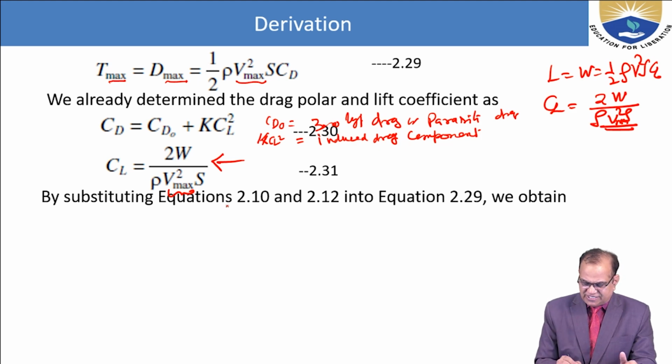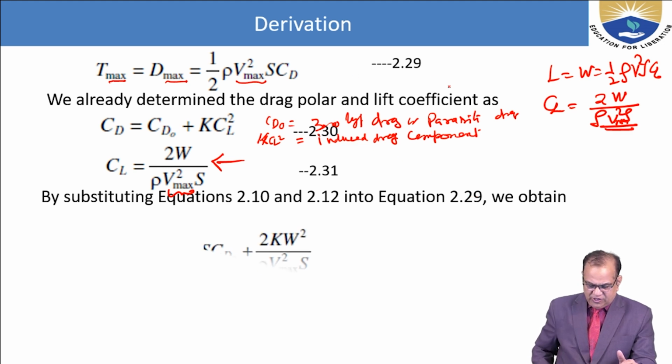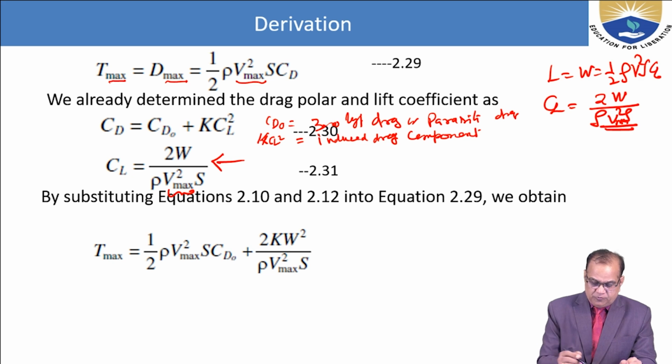By substituting equation 2.10 and 2.12 into equation 2.29, we have half rho V square S CD. In place of CD, we can write CD is equal to CD naught plus KCL square.